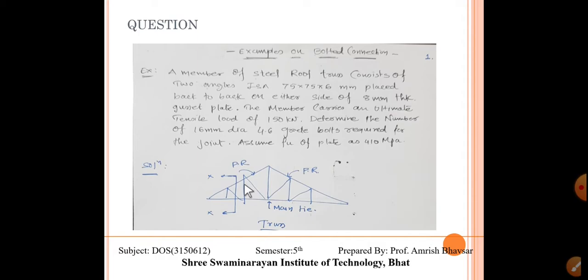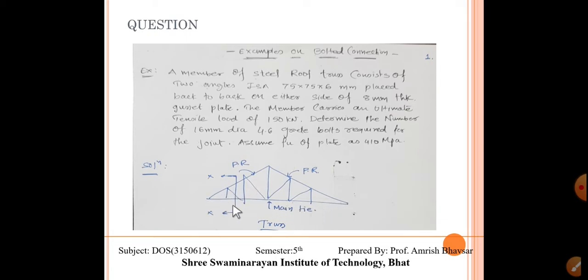Which member, that we don't know, but it is some one simple member of this truss.